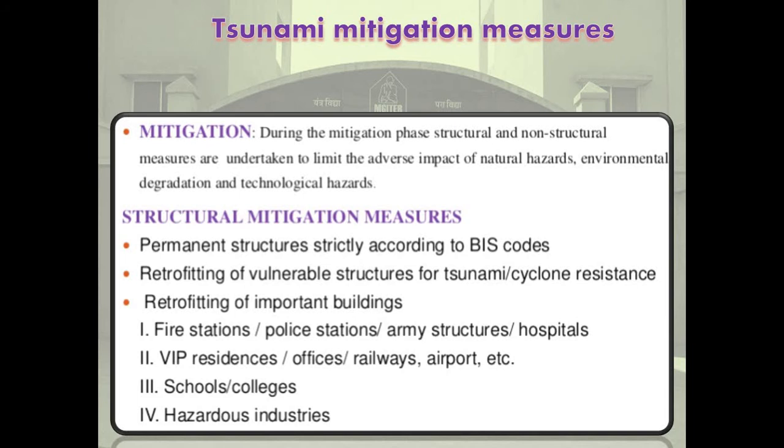Development of coastal forest by planting tsunami or coconut trees along the coastline to cover a minimum of about 500-meter width of the beach. Periodical dredging of the inlets and associated water bodies so as to absorb the influx during tsunami. Construction of submerged dikes so as to decrease the impact of the incoming tsunami.